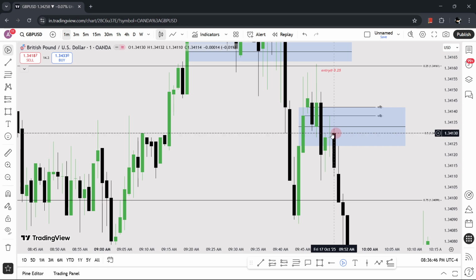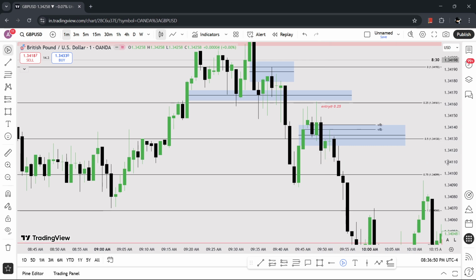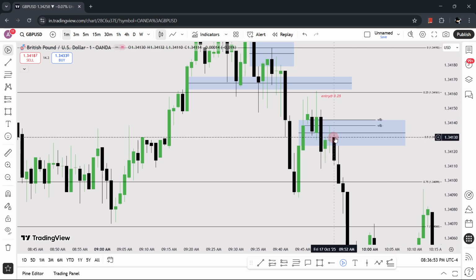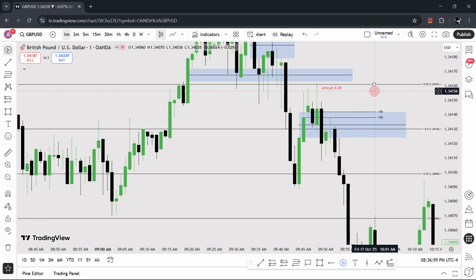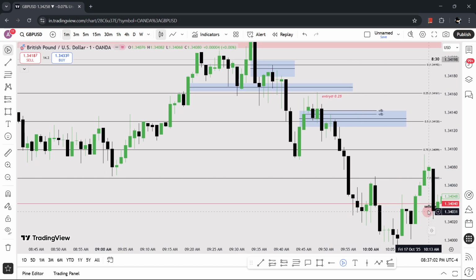Again the next candle went to the 0.5 level of that weekly premium wick. That's your partials. Then I move the stop loss to the next quadrant and target the sell side up there.